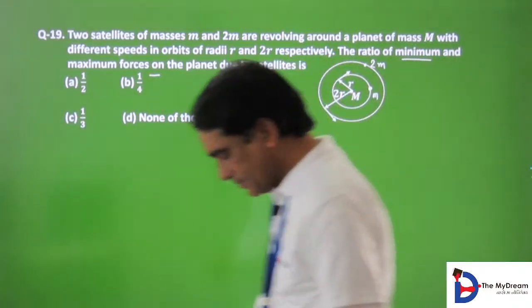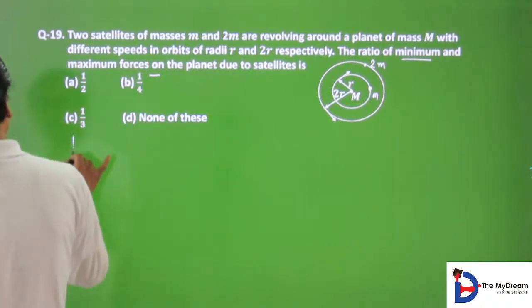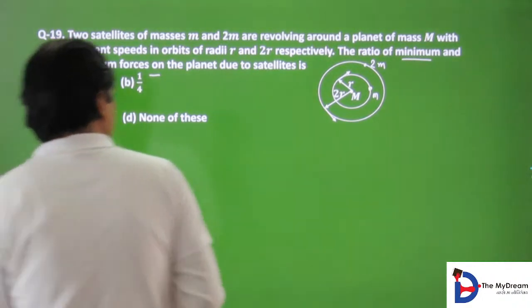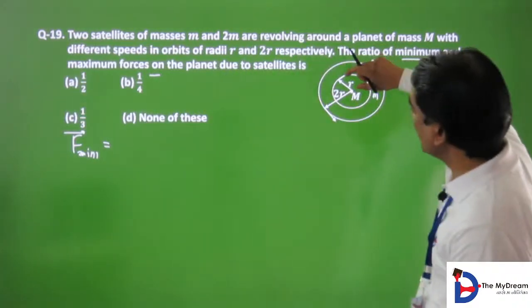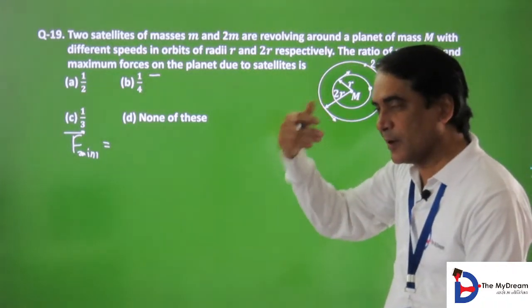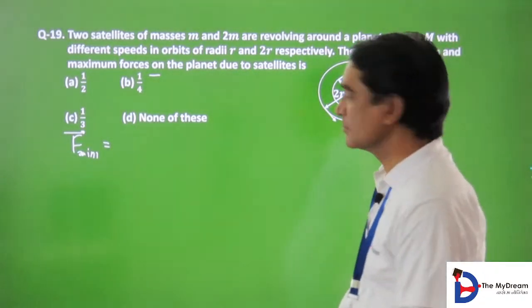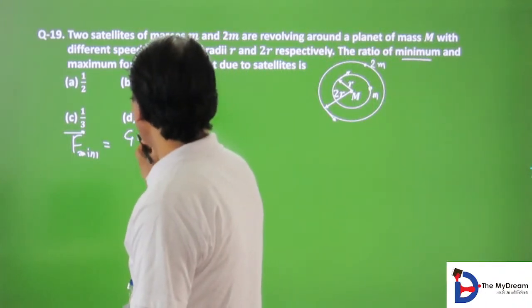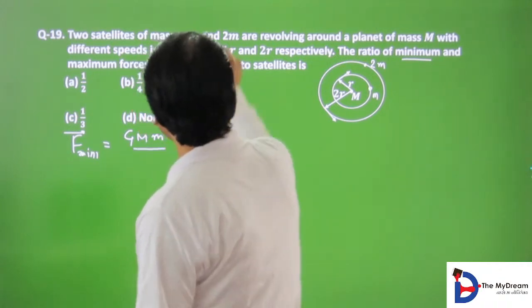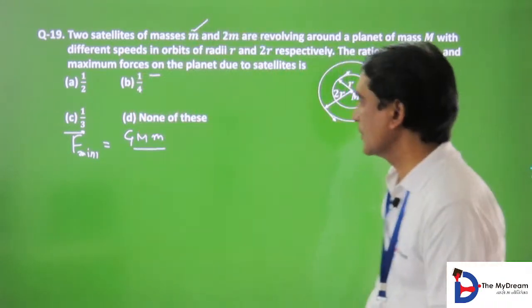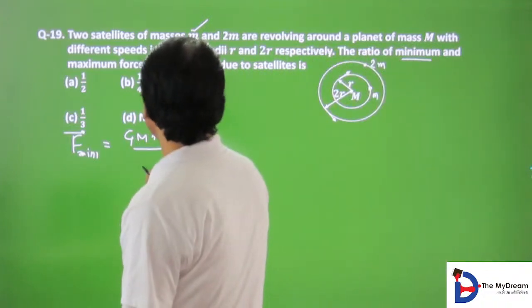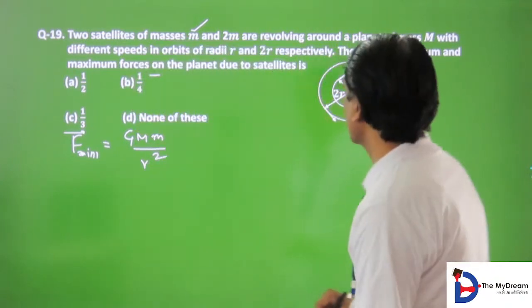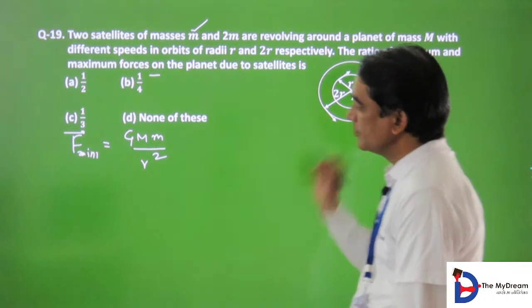The force will be minimum. जिसका रेडियस कम होगा उसका ग्रेविटेशन फोर्स क्या हो जाएगा, ज्यादा हो जाएगा. तो G capital M, small m is the mass of first object and the distance is r. इसका डिस्टेंस ज्यादा है तो कम हो जाएगा.